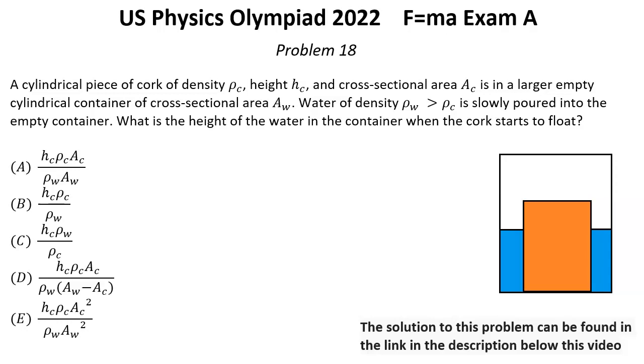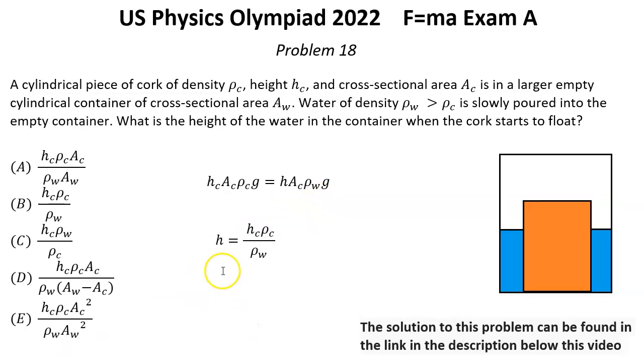If the height of the water in the container is h, then the weight of the displaced water is the expression on the left, which is hc times Ac, that's volume, multiplied by ρc, which is mass, and multiplied by g. And that's equal to h Ac ρw g. After that we can find what is h.